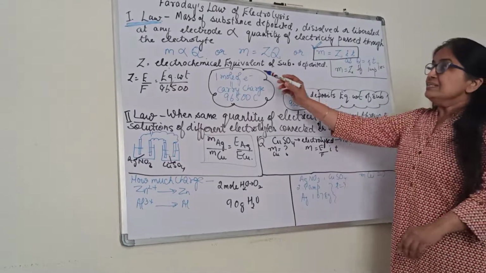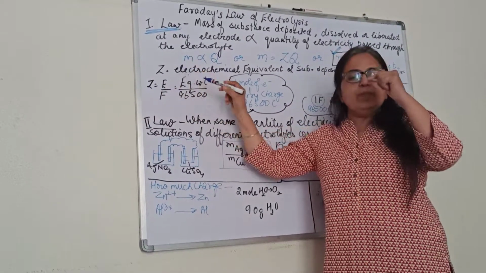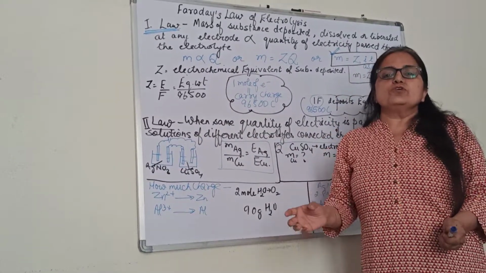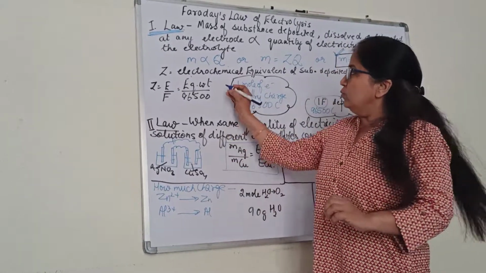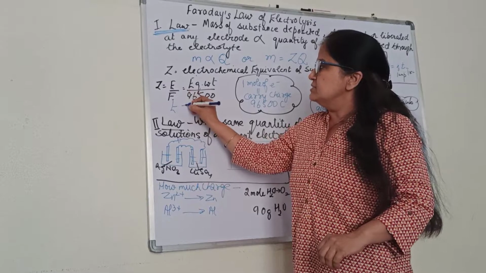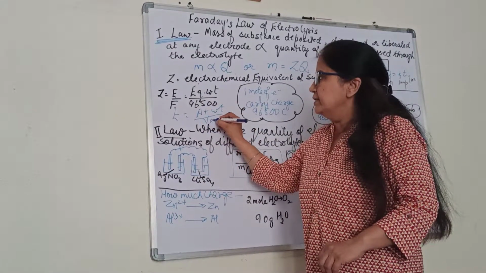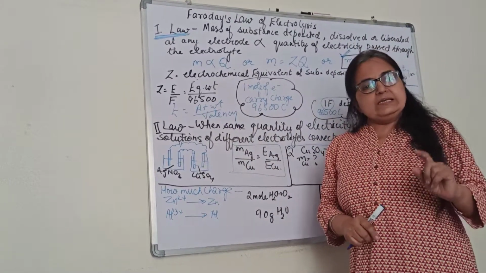Now, what is that Z? The formula will be Z is E by F. What is E? E is the equivalent weight of that substance. Now, how do we calculate equivalent weight? Equivalent weight of the substance is the atomic weight divided by its valency. For example, zinc. Zinc is Zn2+.